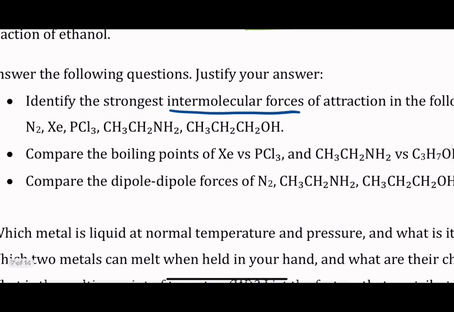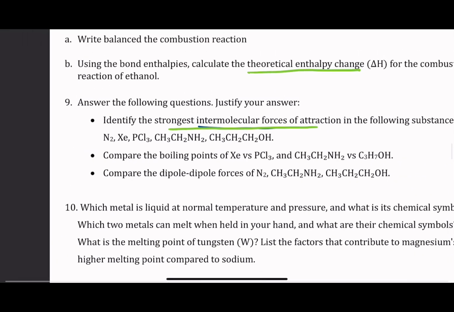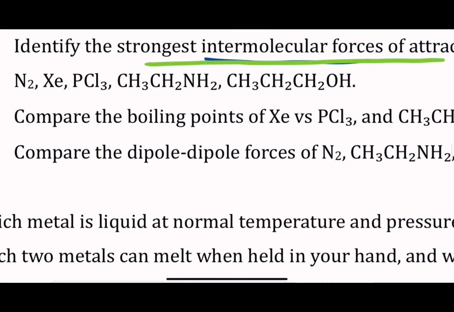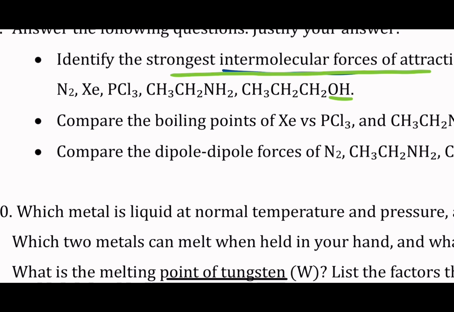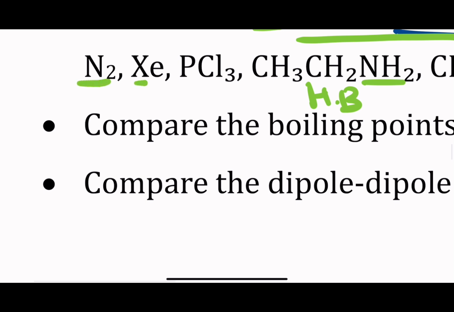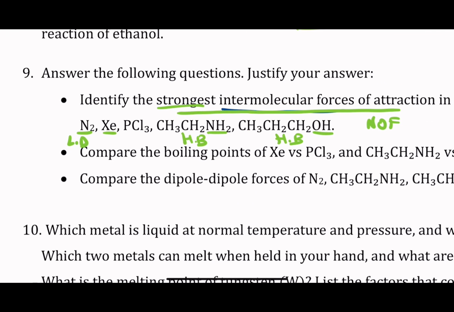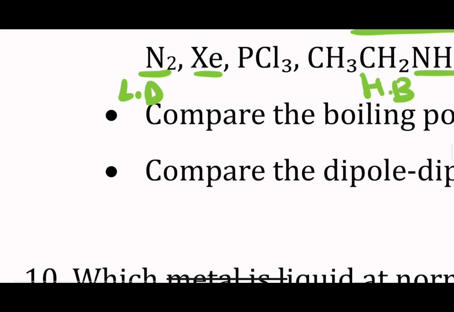Now it says identify the strongest intermolecular forces of attraction in the following substances. Here you have OH, NH2, if you remember NOF. We know right away that the strongest intermolecular force for this one is hydrogen bonding, and hydrogen bonding for this one. Now we have N2 and xenon. They are made by themselves, so all they have is London dispersion. Keep in mind that every single element, every single compound has a London dispersion force.